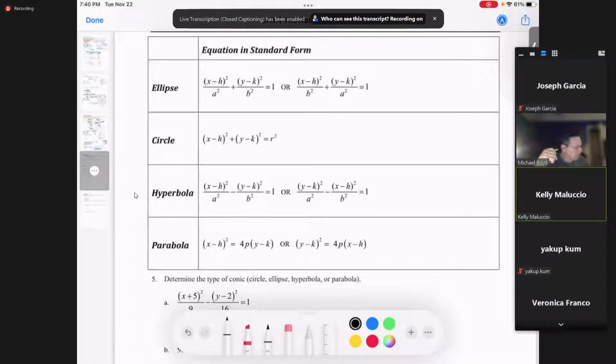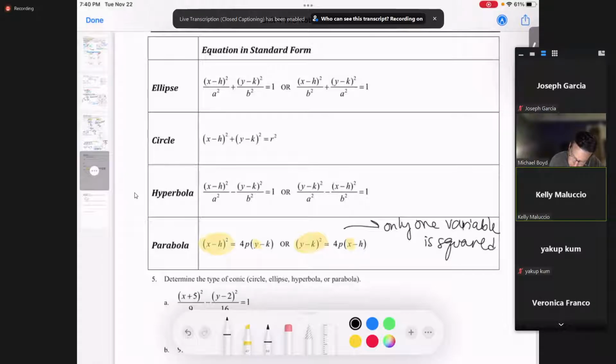Some things to note are that with the parabola, the biggest difference here is that only one variable is squared. And in all the other ones, they're both squared, right? So this is just something to note that's different about it.